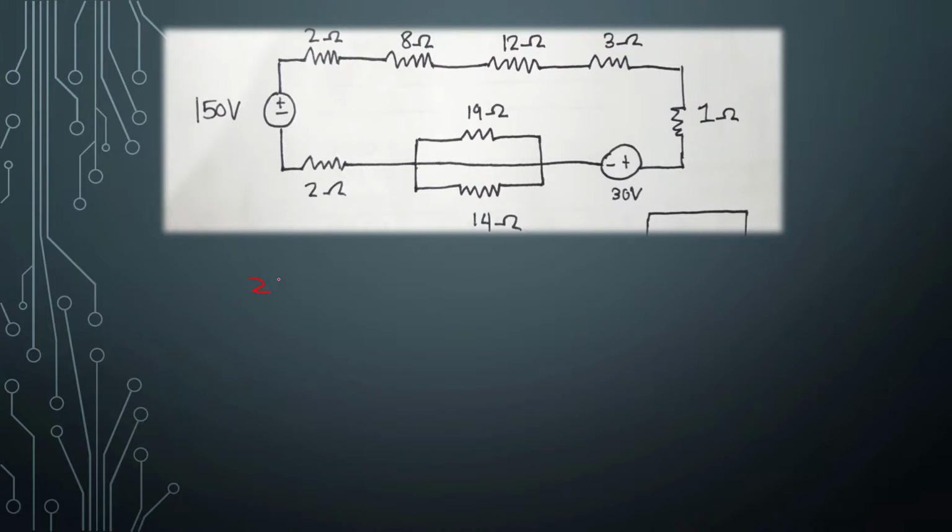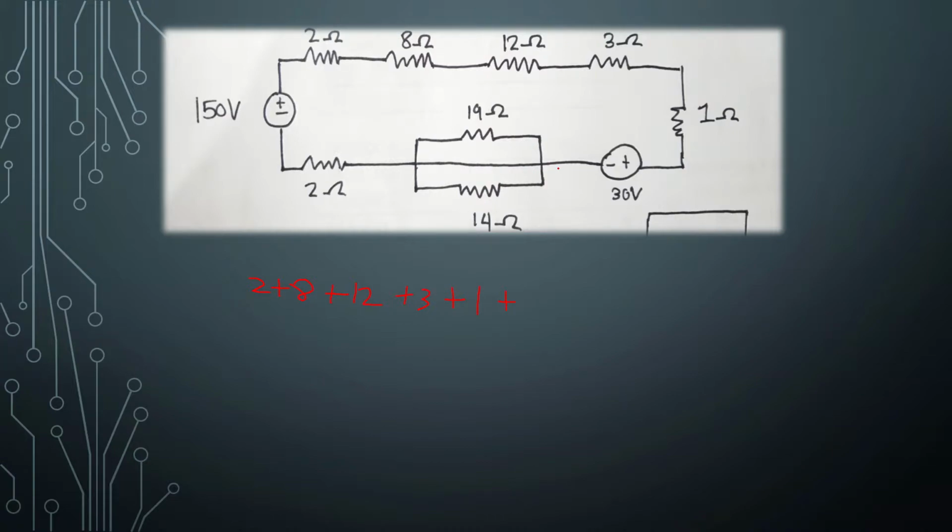So 2 plus 8 plus 12 plus 3 plus 1 plus, now as I've mentioned here, this is a short circuit, so our current will immediately pass through this branch here, and they will not go to these resistors right here because zero resistance is better, as the current is able to pass through here easier.